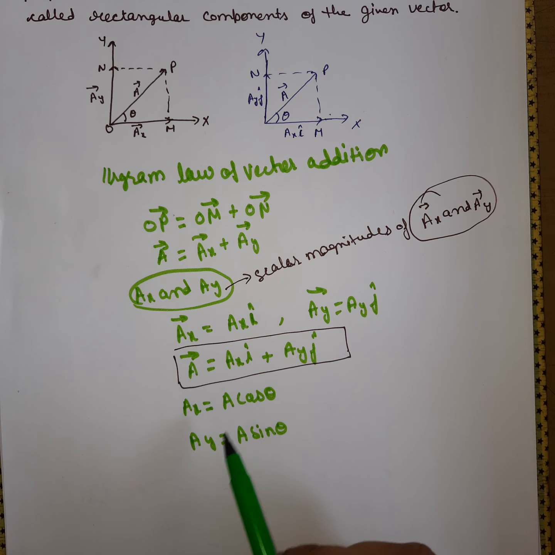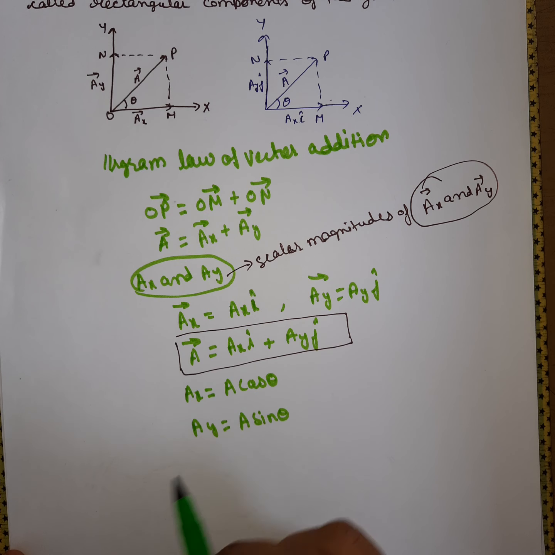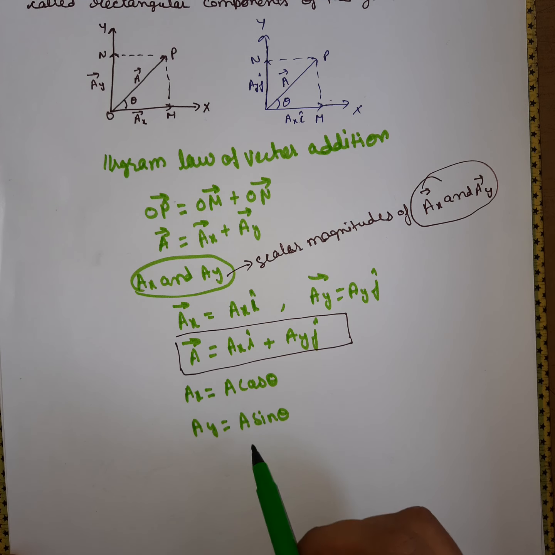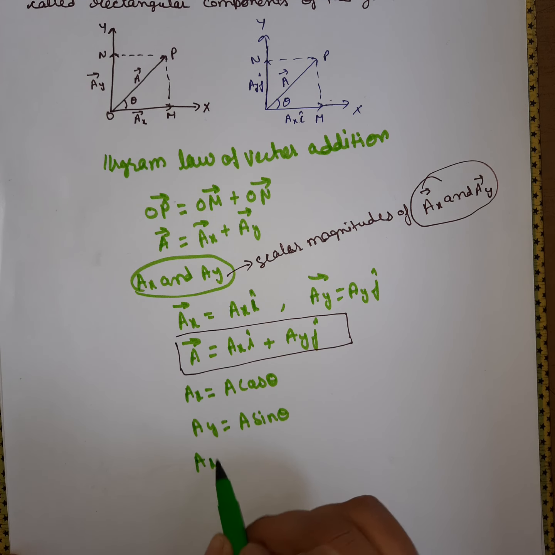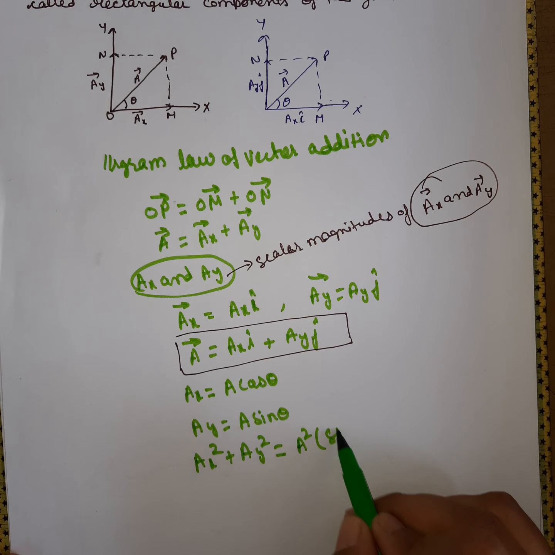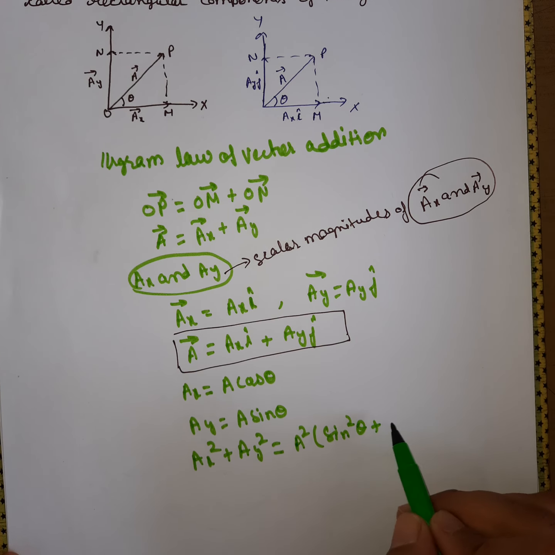If this AX and AY are given, we can also find A and theta. How can we find? Squaring and adding these two, AX square plus AY square is equal to A square times sin square theta plus cos square theta.